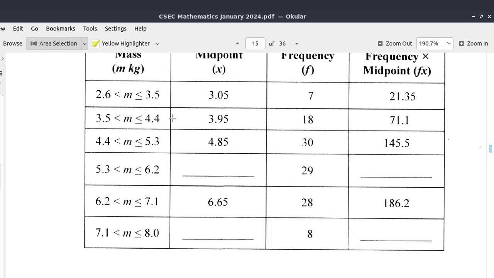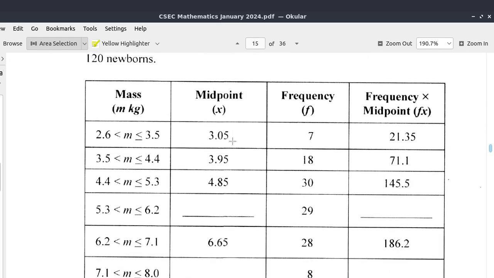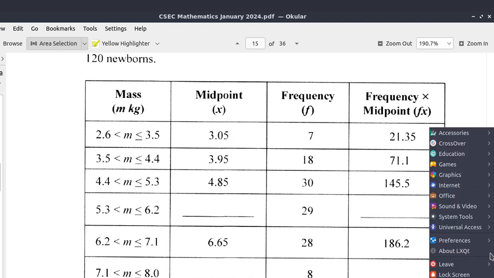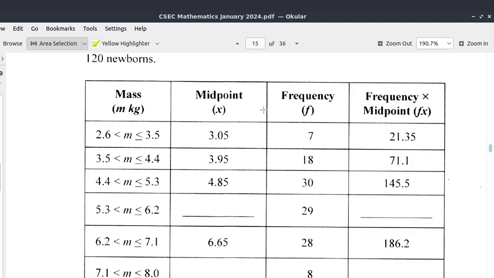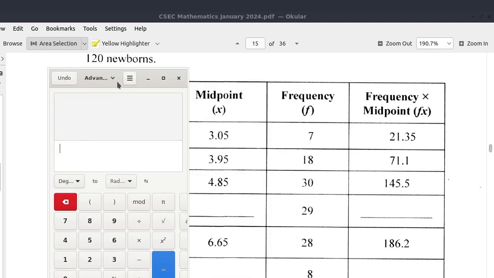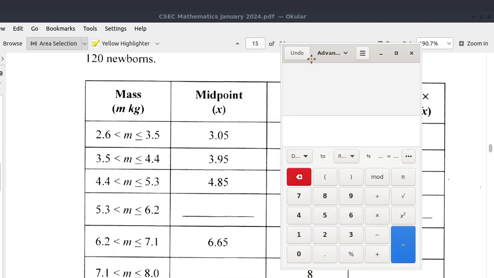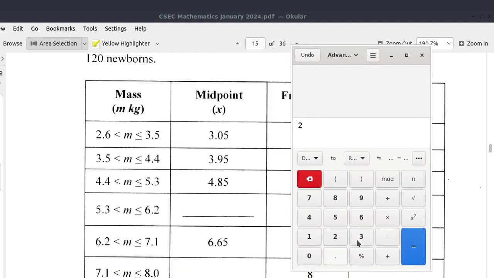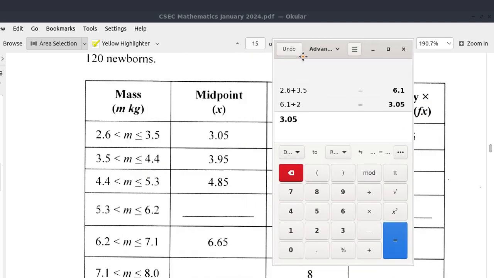So now, they have the midpoint, 3.05. When they get the midpoint, what you can do is find the average of the endpoints. They have 2.6 plus 3.5 equals 6.1, and if you put that over 2, you get 3.05, with a frequency of 7.